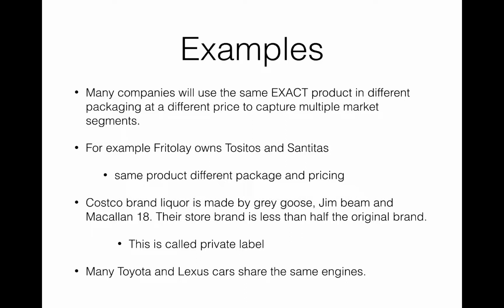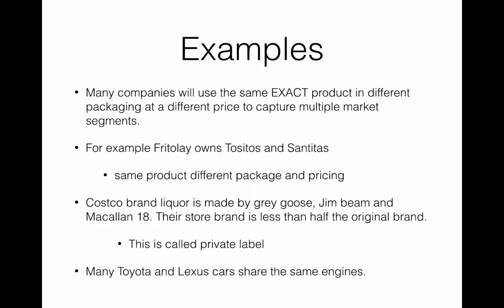Costco brand liquor is actually made by some of the most well-known liquor companies on the planet. And so when you're buying their Kroger brand vodka, it's made by Grey Goose. They have products made by Jim Beam and Macallan 18. And so they're the exact same product in different bottles. This is called private label.